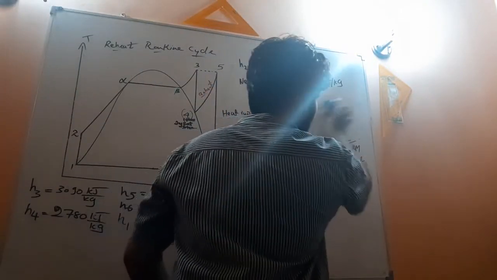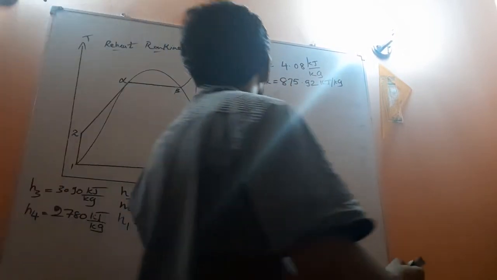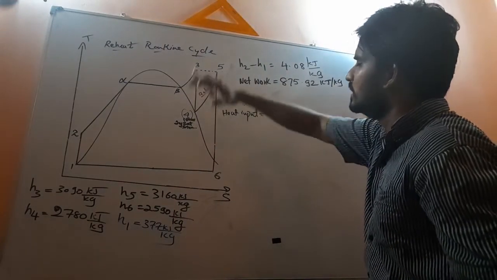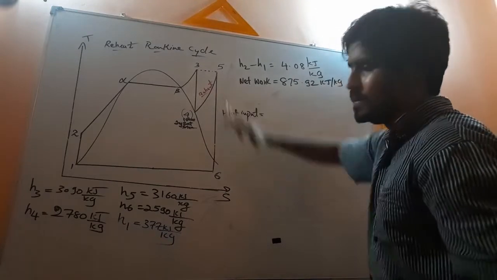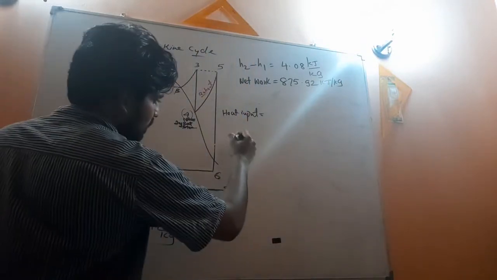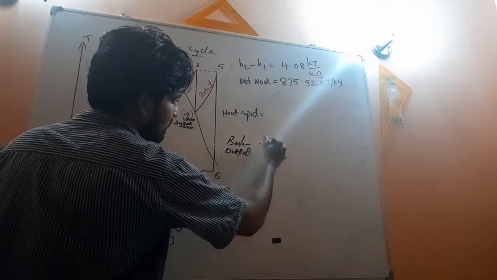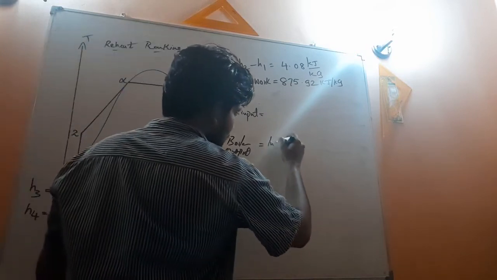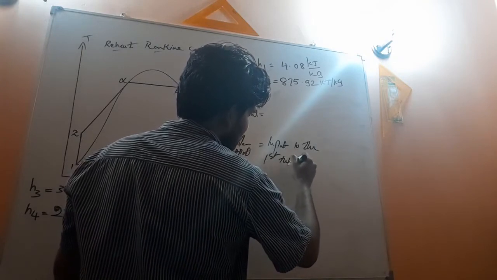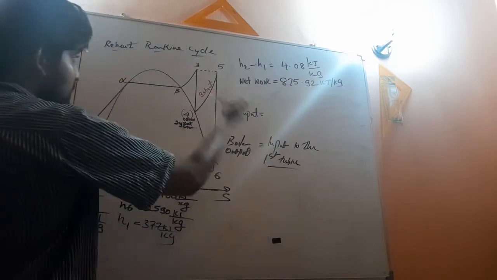Right, so if I am going to write the heat input, it would be the inlet of the first turbine, or the outlet from the boiler. Here you have to consider one thing: boiler output is the same as input to the first turbine, according to the problem, right?